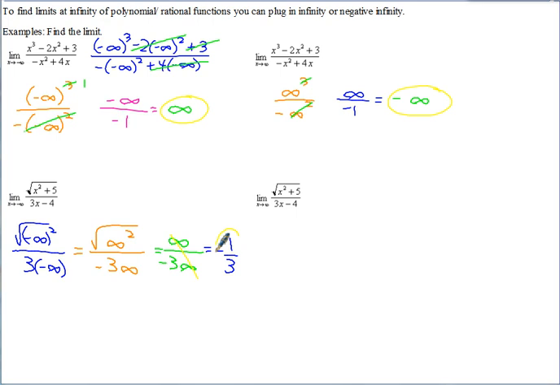So when you get a specific number like that, that indicates that it must be leveling off, approaching that number, so we must have a horizontal asymptote. Well, horizontal line is just y equals, so it would just be y equals negative 1/3.